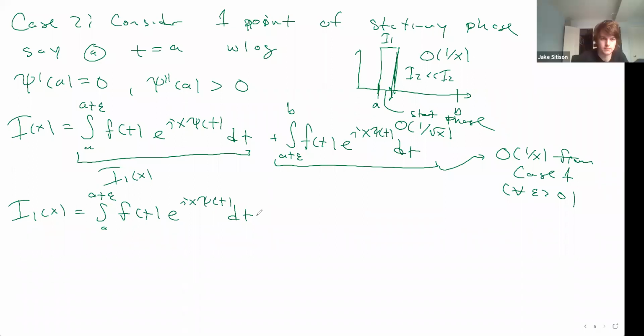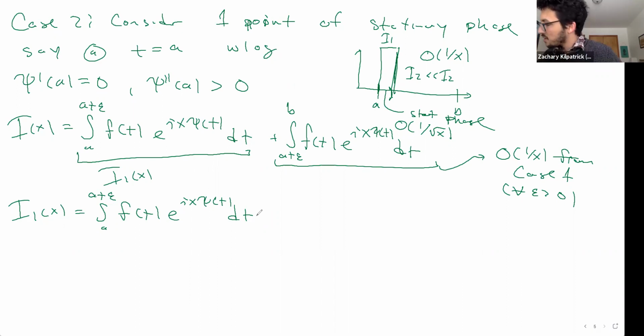Expand psi. Yep. And extend the endpoints. Yeah. And expand f as well. Yeah. Right? Okay. So really not a lot different than Laplace. It's just that we have a complex exponential now instead of a regular exponential.